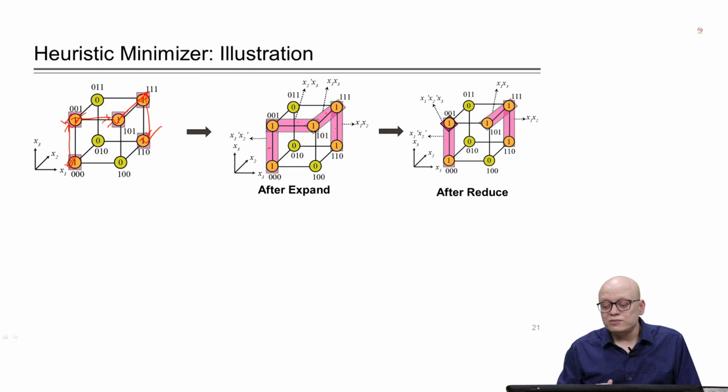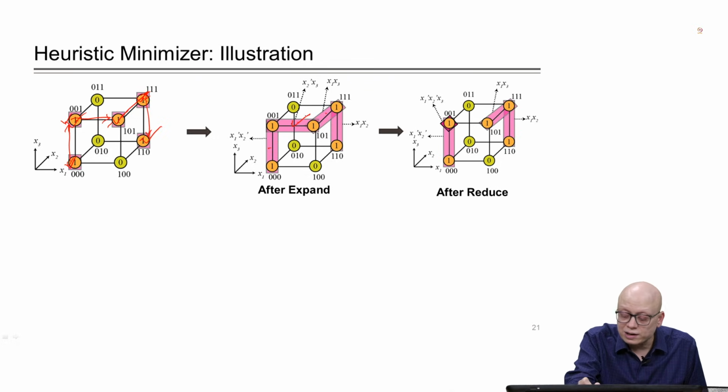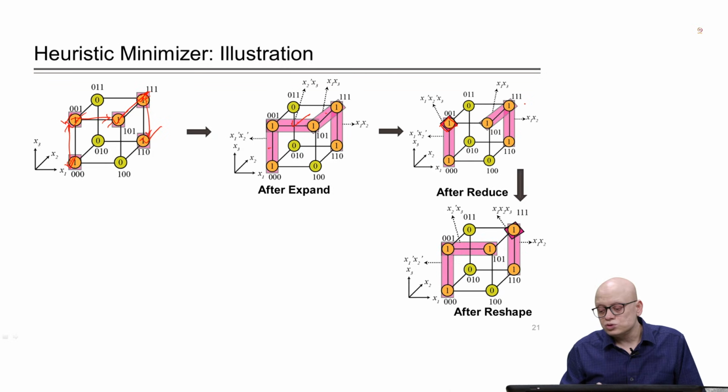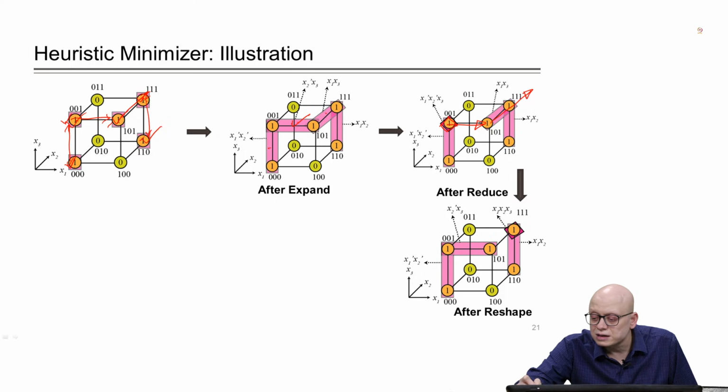Now, after that we do a reduce, right, we reduce this particular implicant. So, it now covers only this minterm, right, and others are unaffected. So, the size of the cover is still 4. Now, after reduce we do a reshape. What we do is that we expand this implicant and reduce this implicant, right.